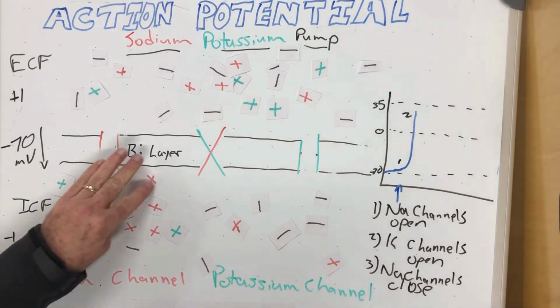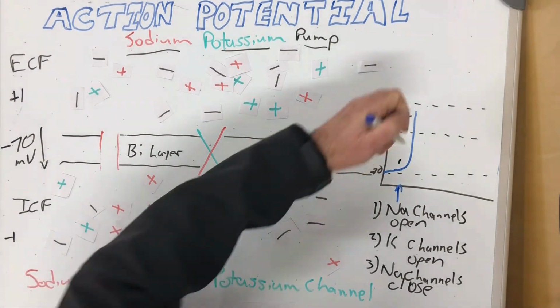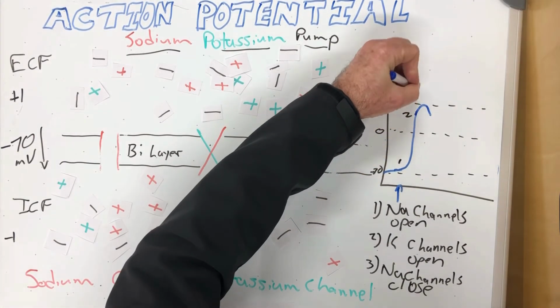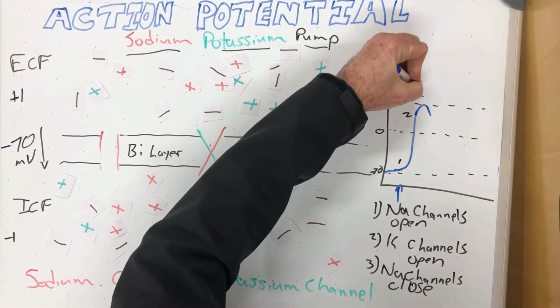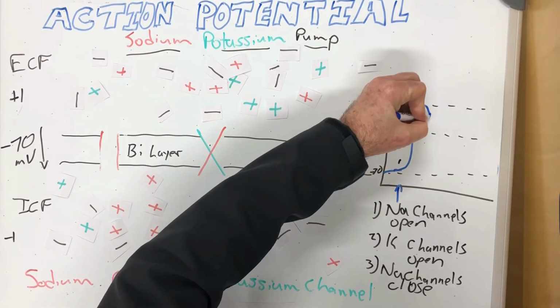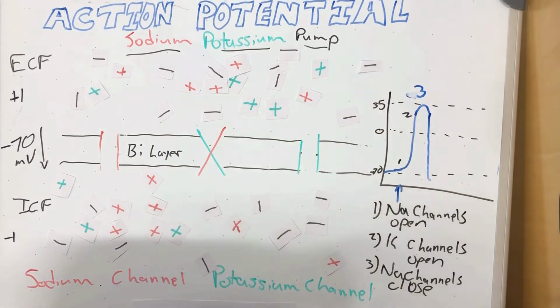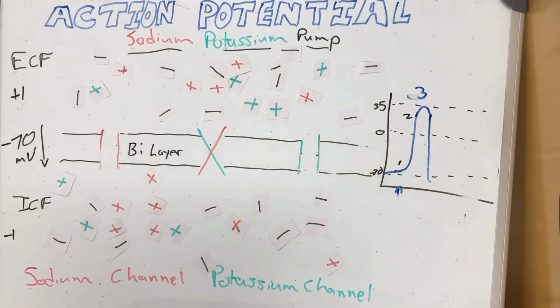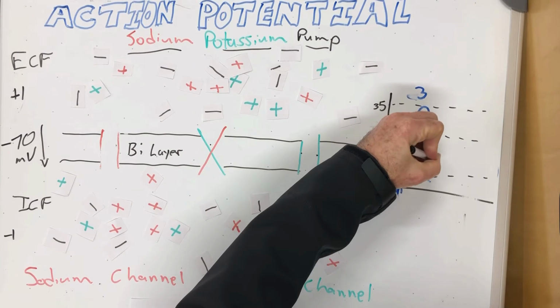As the positive ions flow out of the cell, the voltage will start to drop. Now the key is, because there was more sodium than there was potassium, as the potassium starts to leave, we never actually get to positive 70. We only get to about positive 30 millivolts. And then as the potassium diffuses out, we drop back down towards negative 70 again.